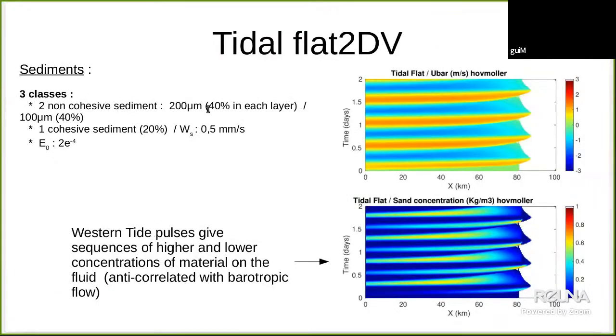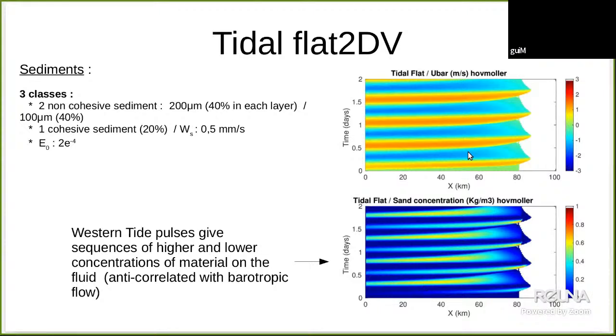We are using two non-cohesive sediments, 200 micrometer and 100 micrometer. And as we can see, it's a Hovmöller representing the barotropic velocity, and below we have the concentration.